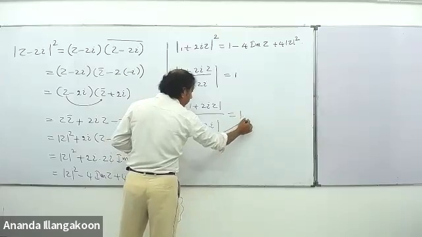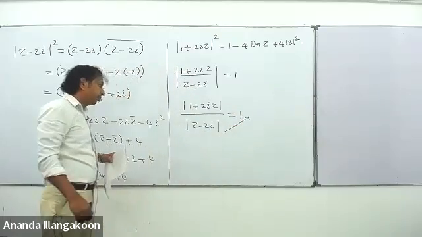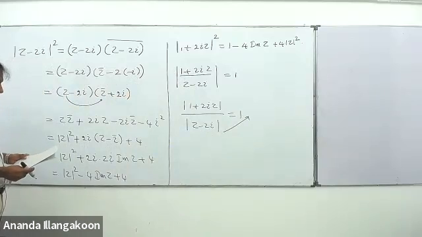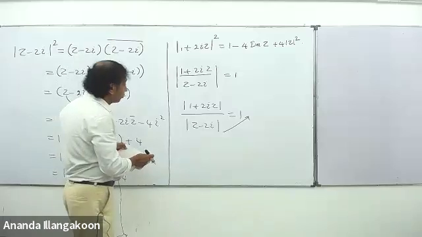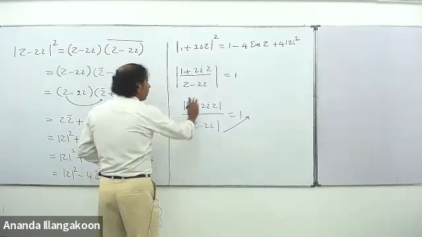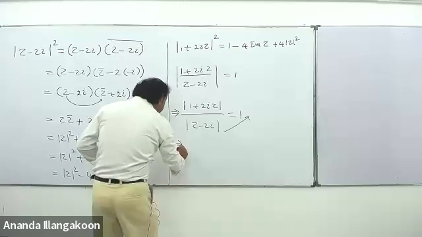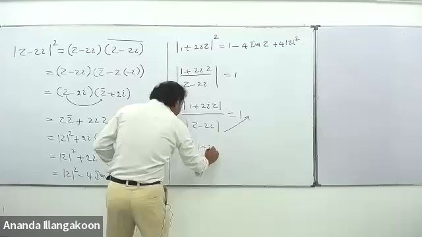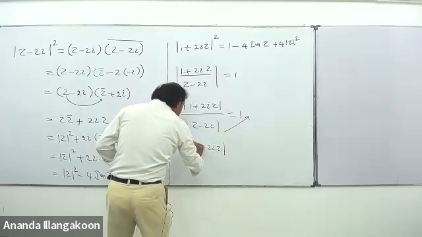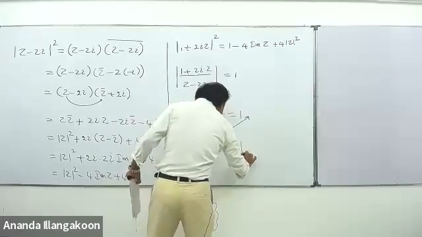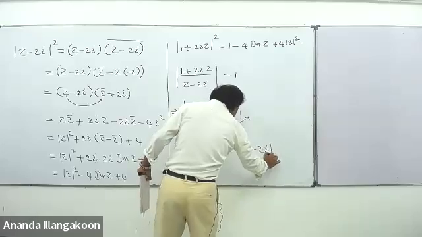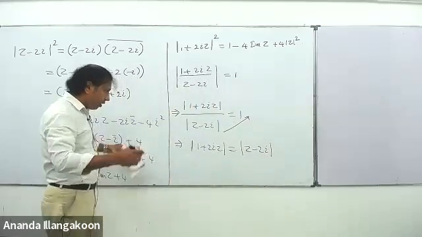Now use cross multiplication. This implies this, that implies this, equals this. Now square both sides.